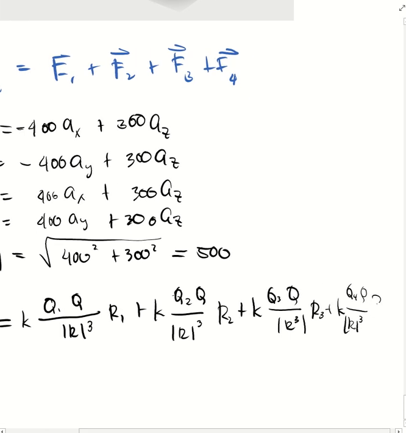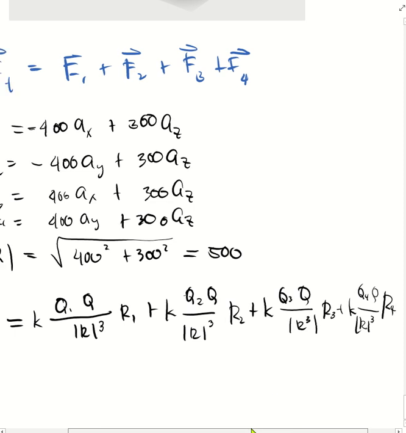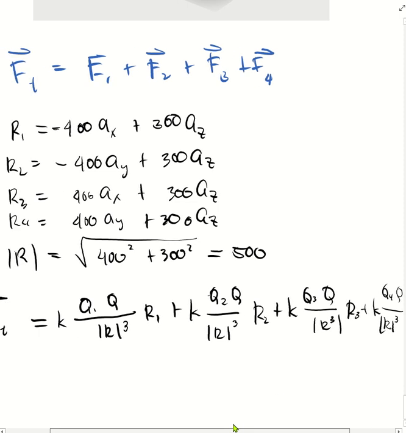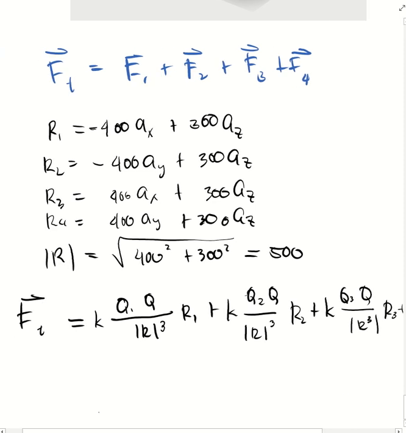You can simplify this one by factoring out the common terms. What are the common? Q, K, and R cube. So we factor them out: K, then we have Q over R cube. These are the common factors.